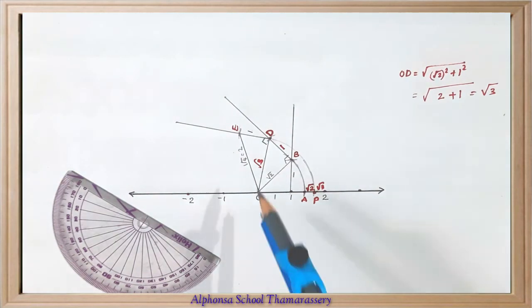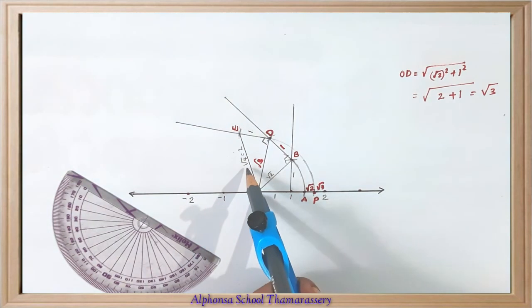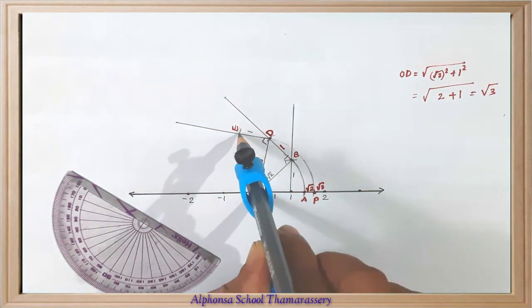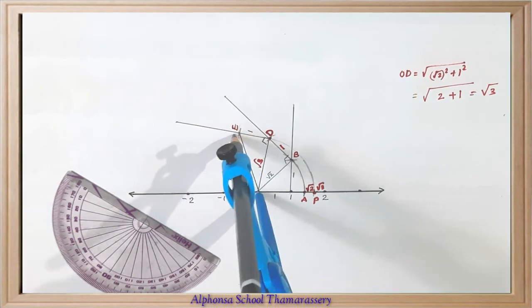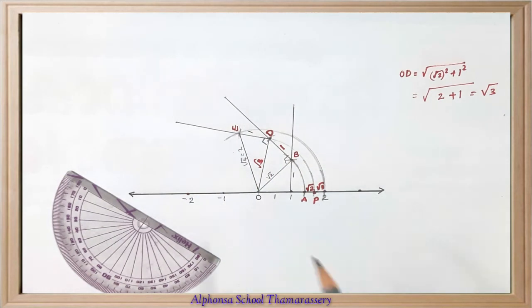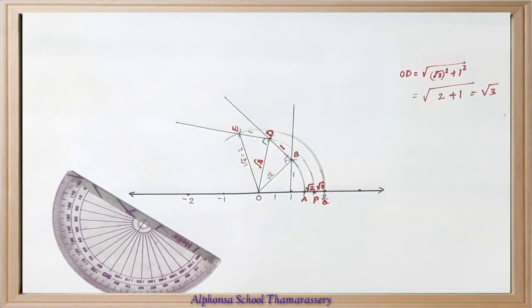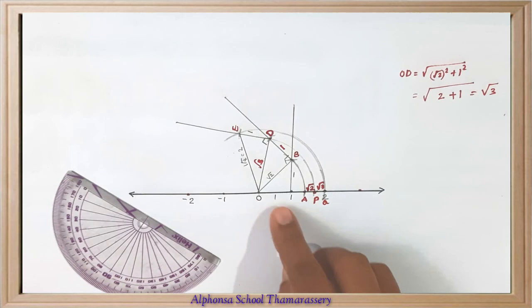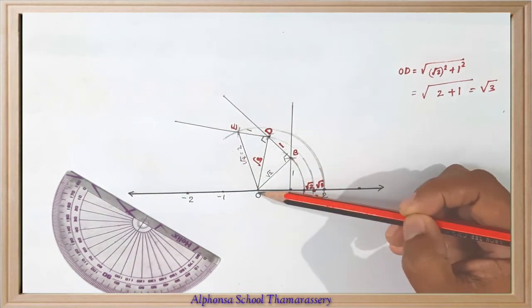Now take O as a center, OE as a radius. Draw an arc. See that it exactly touches the point 2. So root 4 is equal to 2. You can mark that point as Q. Now this length OE is equal to 2 units.